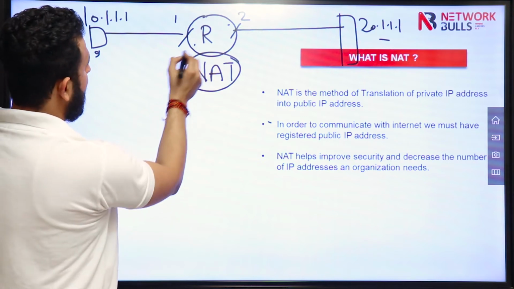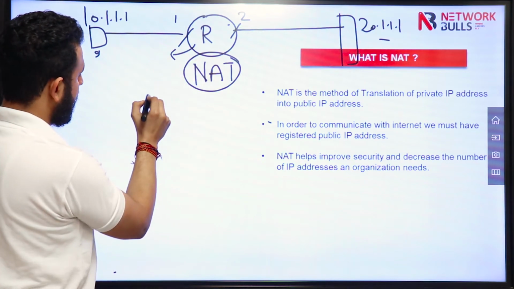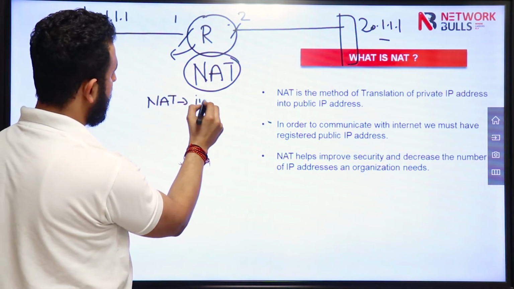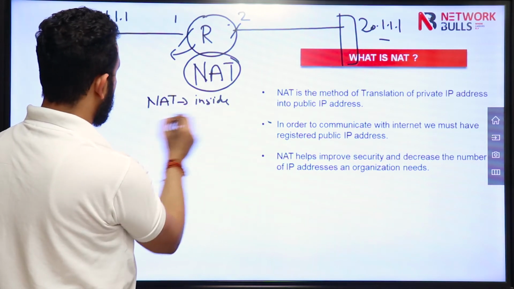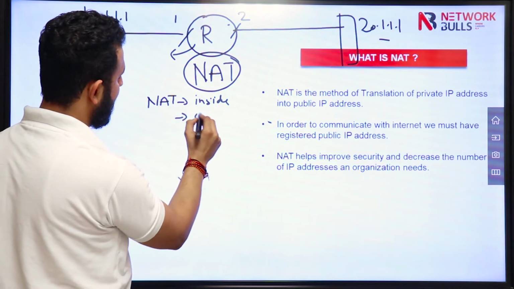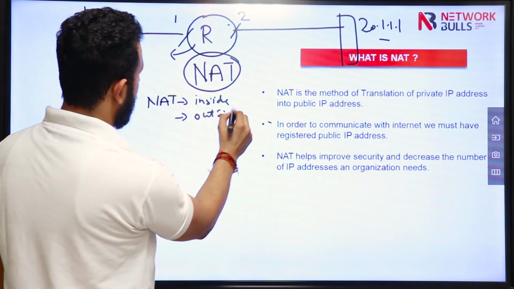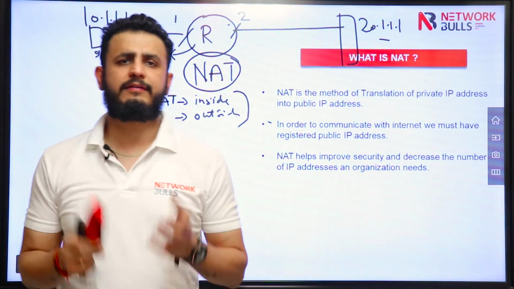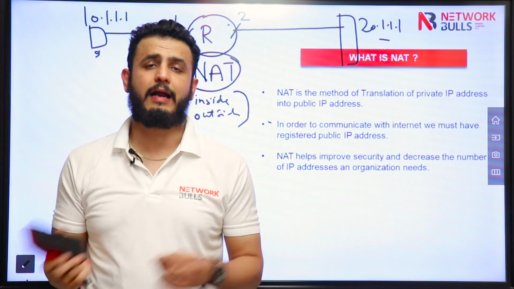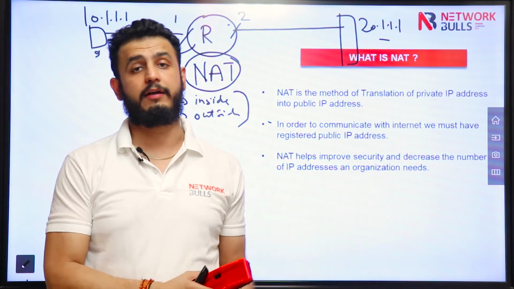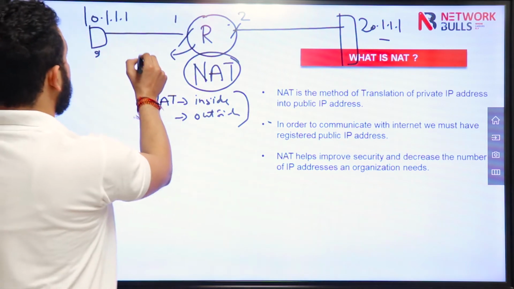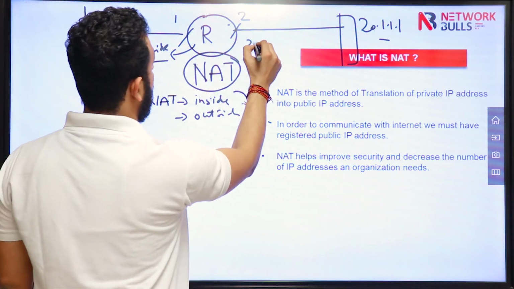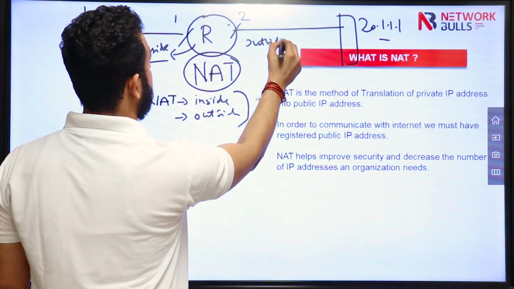I will define one interface as NAT inside and the other as NAT outside. In the beginning you can understand it like this: inside is your private network interface and outside is your public network interface. So this is called the inside interface for NAT and this is called the outside interface for NAT.